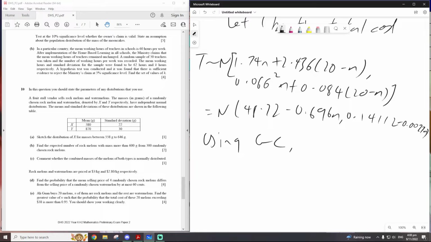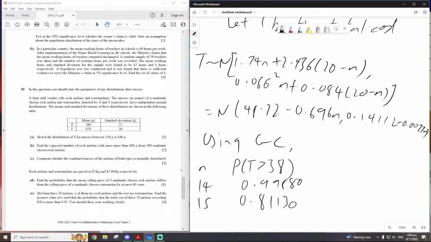So this is the total cost. So we want n such that the probability that T is greater than 38 for this value of n. We write down the values of 14 and 15. You'll get here 0.99880, which is definitely greater than 0.95, and 15 is 0.81130.